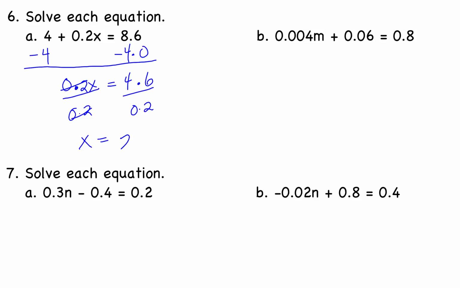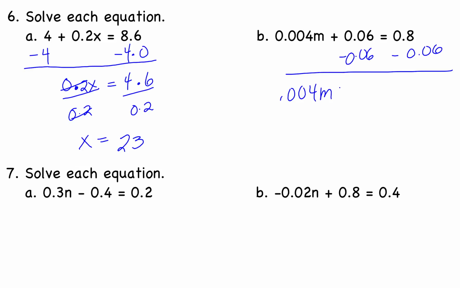So double check my math on that to make sure I did that correctly. And if I didn't, let me know in class. Over on the right hand side, we are going to subtract 0.06 from both sides. And we are left with 0.004m is equal to, we're going to take 0.8 and subtract from that 0.06.